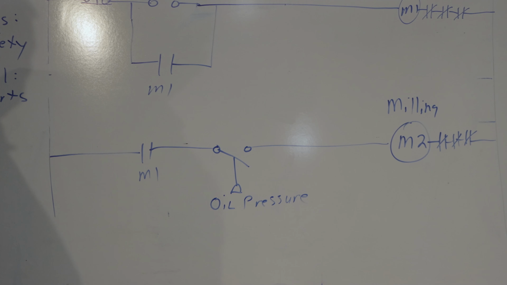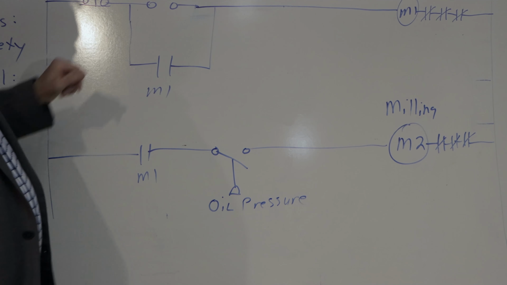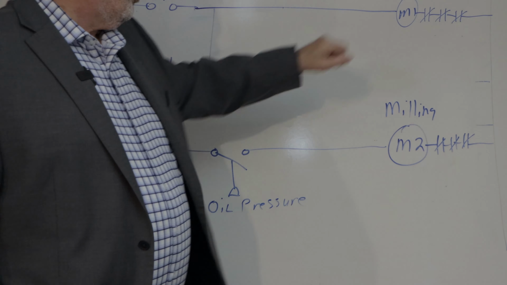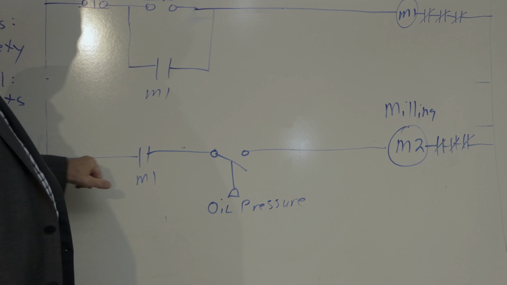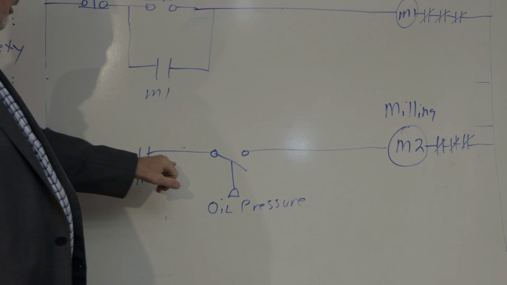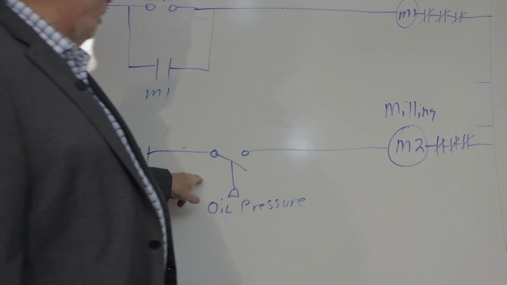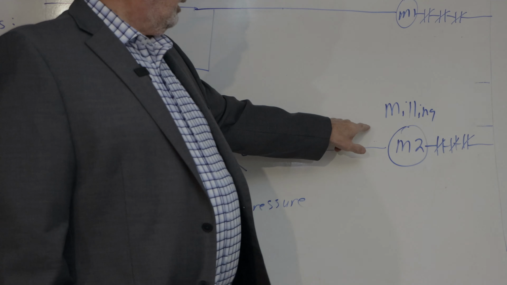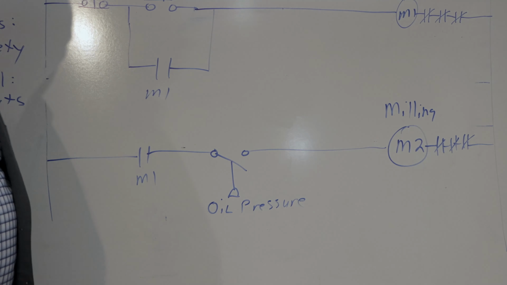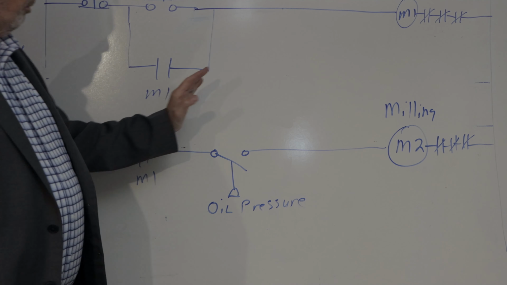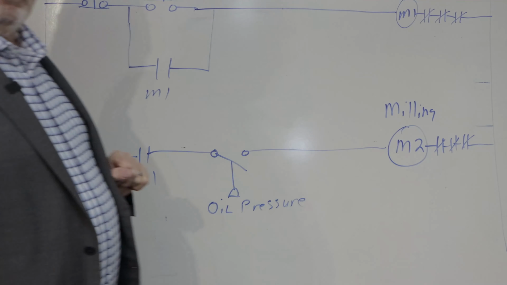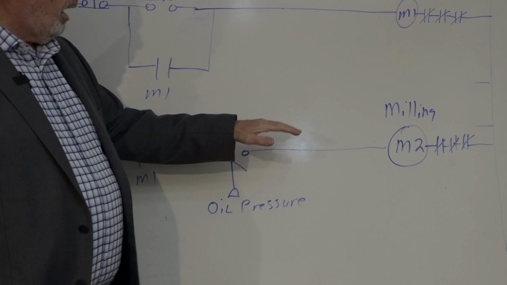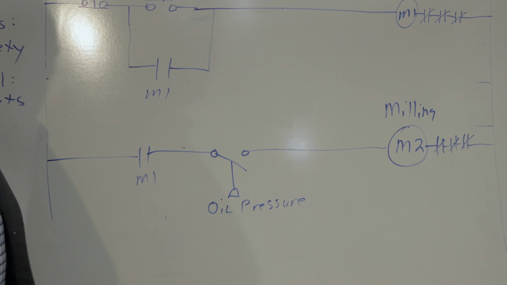So now, when I hit the start button, the oiler starts, it latches, and it also closes this rung. But until the oiler builds up oil pressure, the milling machine is not going to start. If I lose oil pressure, the milling machine will stop. So I've always got oil on the milling machine for it to run.